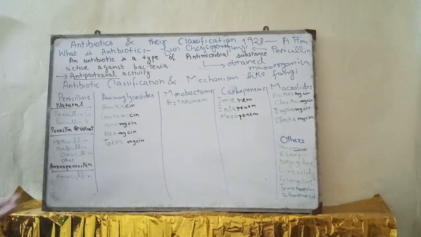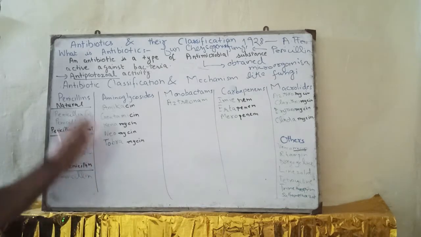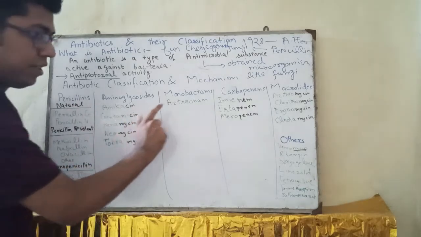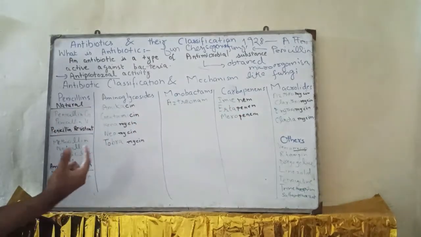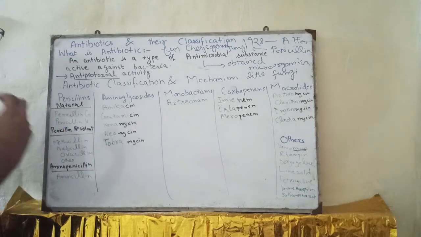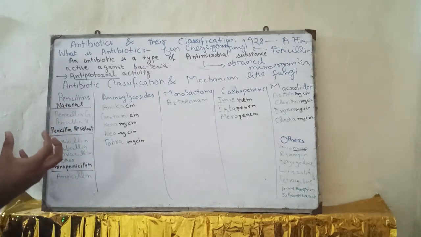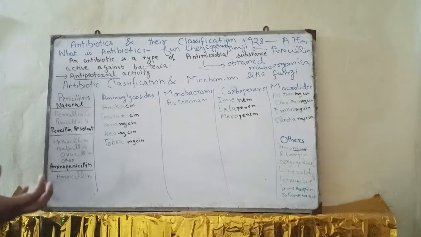We will discuss the general mechanism here, but as you can see, I did not mention cephalosporin generations and fluoroquinolone generations, because students have many problems understanding the generations and classification of cephalosporins and fluoroquinolones.